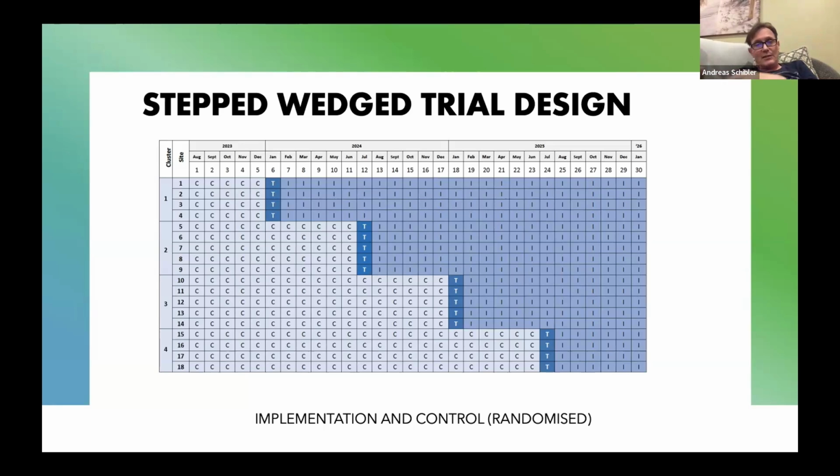And then 6 or 4 or whatever months you choose, another 4 or 5 hospitals join the team. So every hospital has a control phase prior and an implementation phase post. And that helps you basically to avoid individual patient randomization by allocating a so-called cluster within the study.